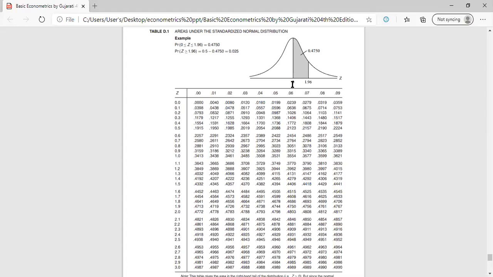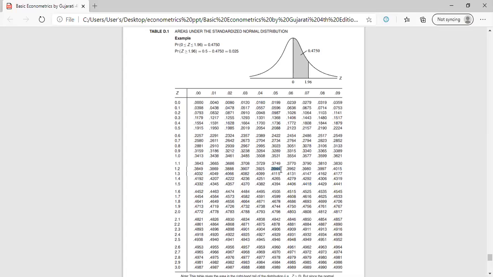So we go here 1.2, and 0.05. Where is 0.05? Here. So 1.2 and 0.05, the intersection is this, 0.3944. Clear? Yes, Professor.